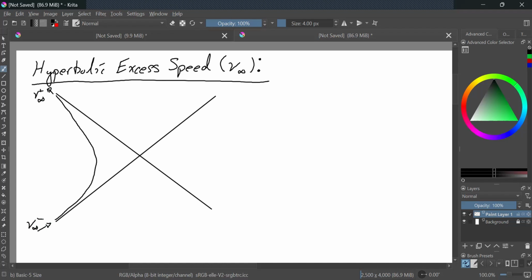This is because, once again, gravity is a conservative force, and this is a conservative system. So the only thing that changes throughout all of this is just the direction of your velocity, not your magnitude.